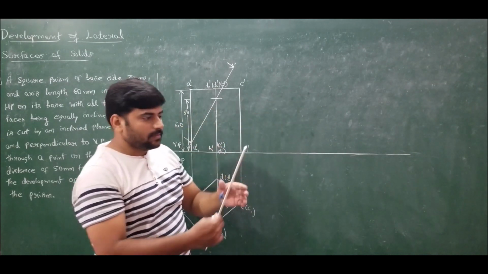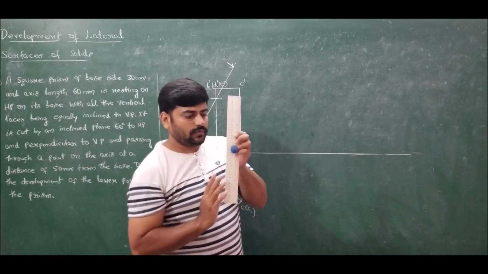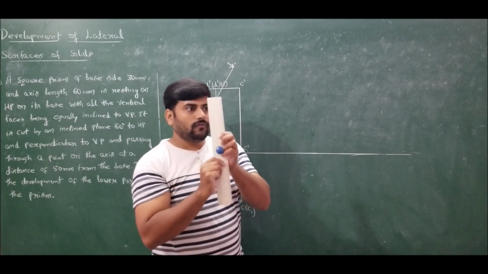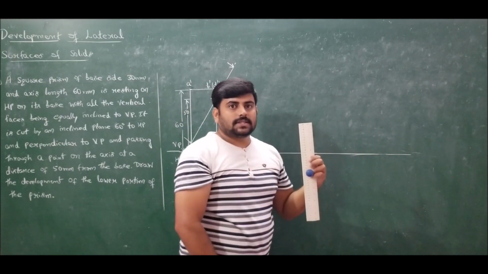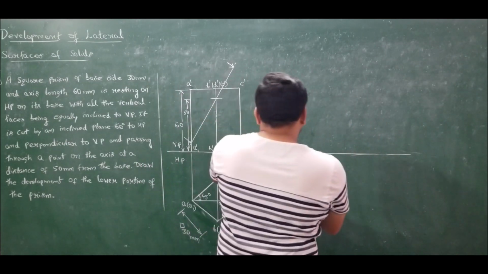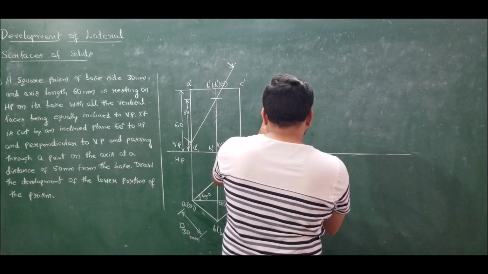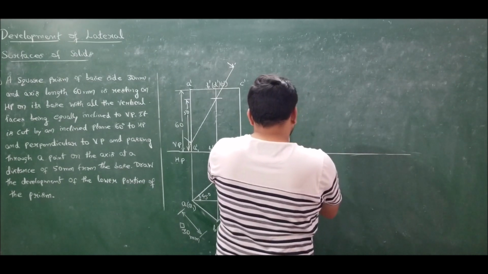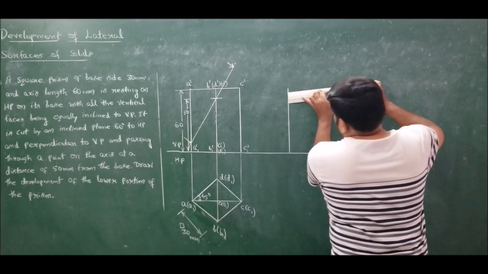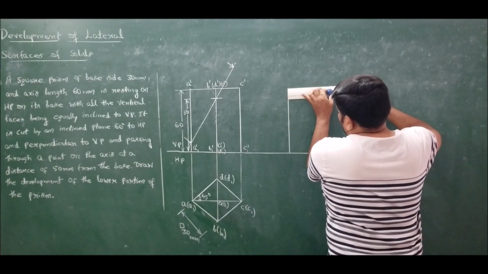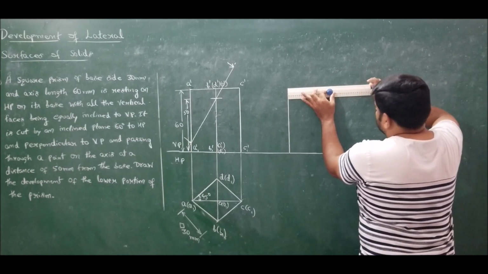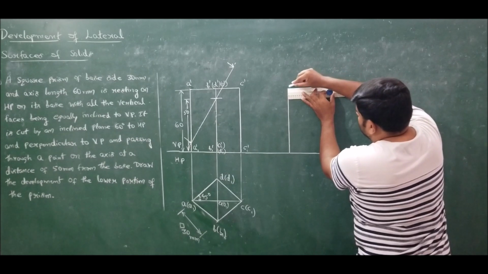Correct? We have a square prism like this. So from one of the corner longer edges, if I cut and unfold, I will get 4 vertical surfaces. That is, I will get a development of this square prism as 4 rectangles of dimension 30 cross 60 mm.